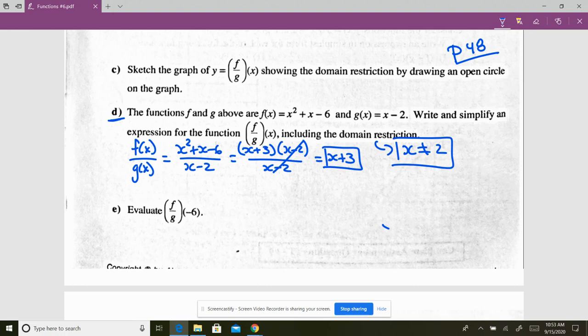Right now, all you have to be able to do is factor this, cancel out the expression, or simplify the expression, and write your domain restrictions. If I then said, what is f over g of negative 6? What would be the easiest way to solve that?